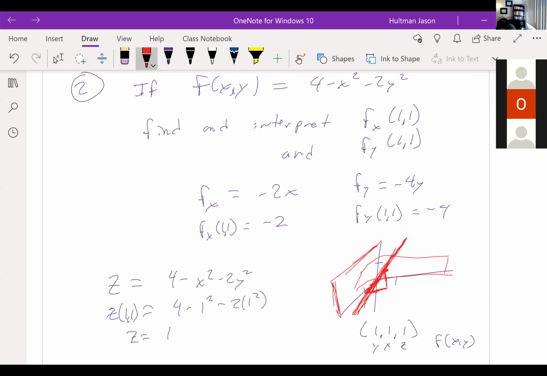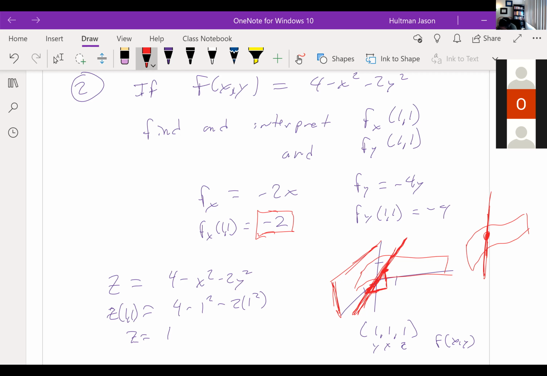So the slope of the tangent line parallel to the xz plane is this value here. It's negative 2. So that means that if we think of it like a surface, we've got a point on here. If we're running parallel to that xz plane, the slope of the tangent line in the x direction is negative 2.